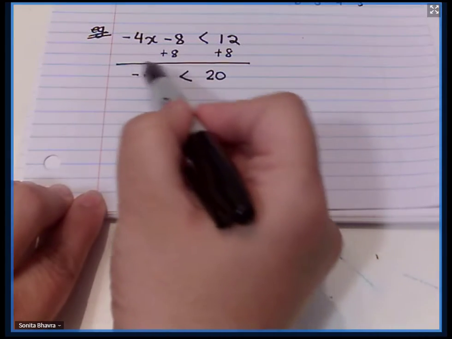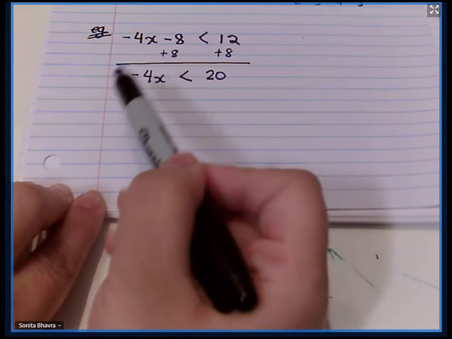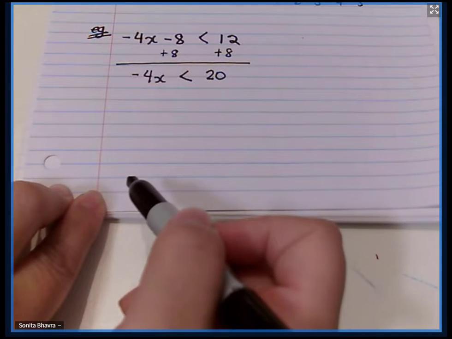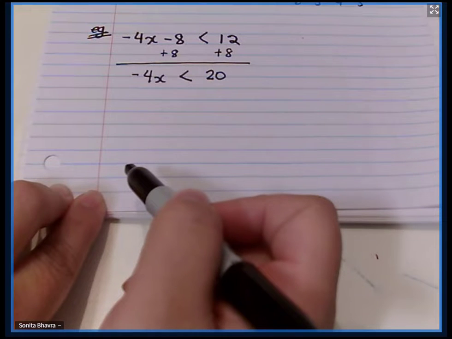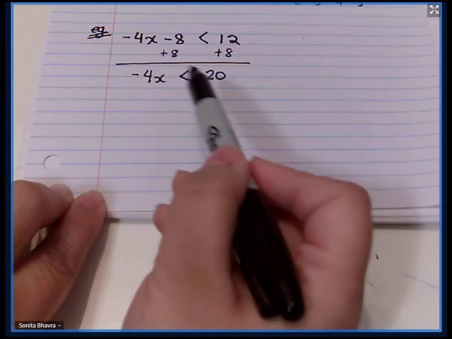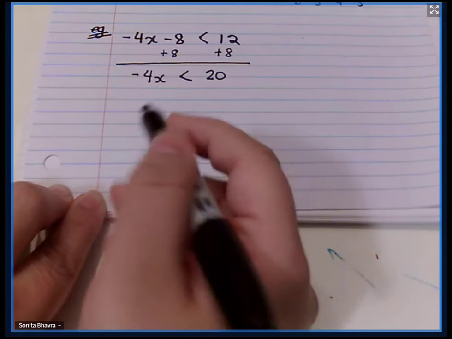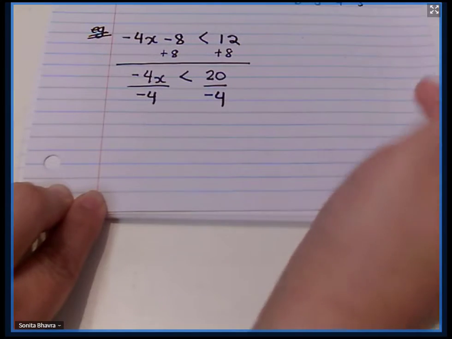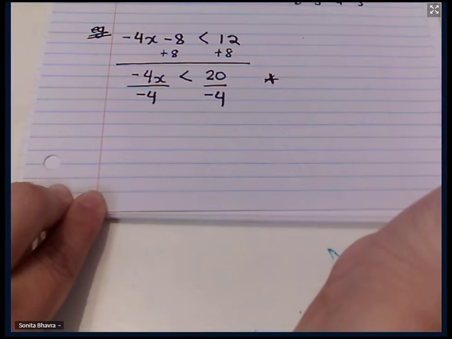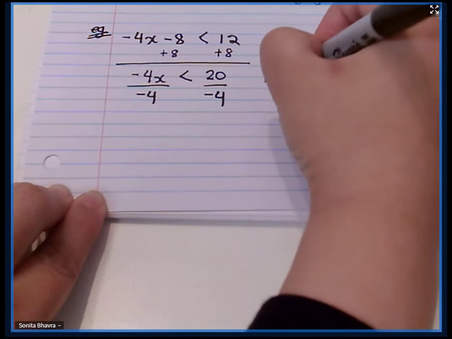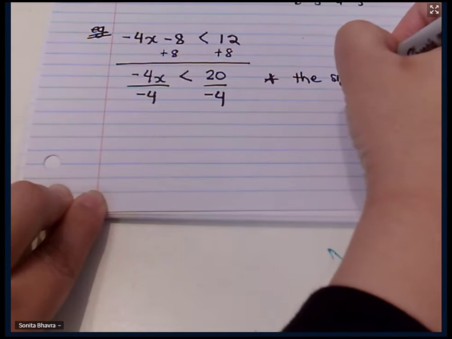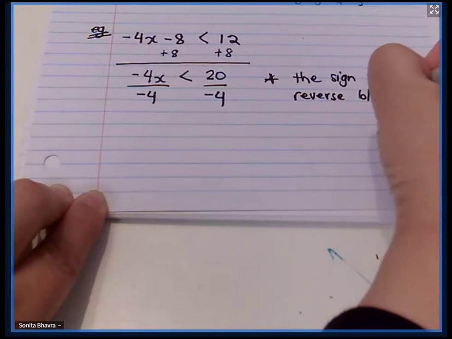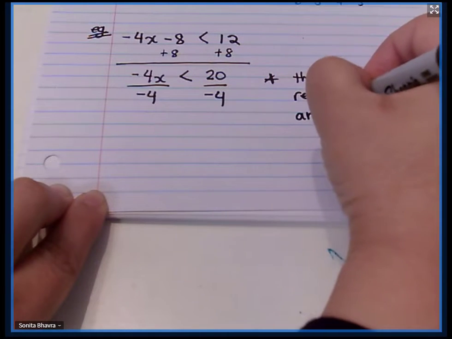Now we have a negative 4x, and this is rule number 1: if you divide by a negative number in the last step, the sign will reverse. We're dividing by negative 4 on both sides. Let's put a note here that the sign will reverse because we are dividing by a negative number.